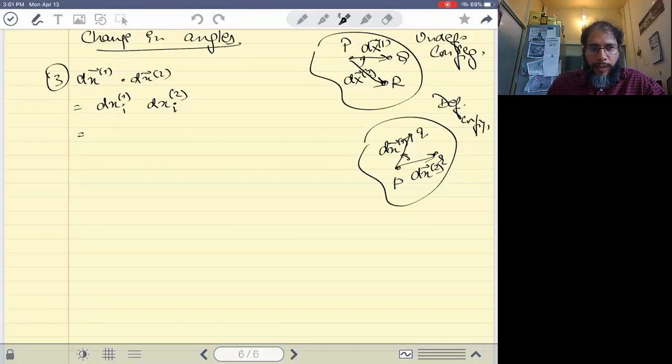Right. So now we can use the definition of the deformation gradient tensor and write dx_i^1 as F_iA dX_A^1, and I can write the second one as F_iB dX_B^2.